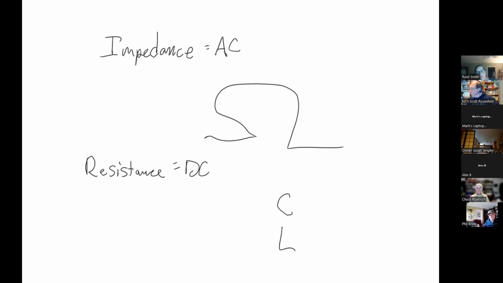What is interesting about these two devices is that they are very useful because an inductor and a capacitor have impedances or reactances, that's another form, we'll use reactance.